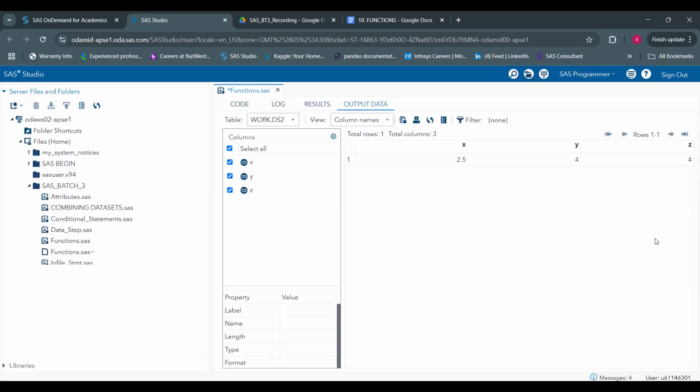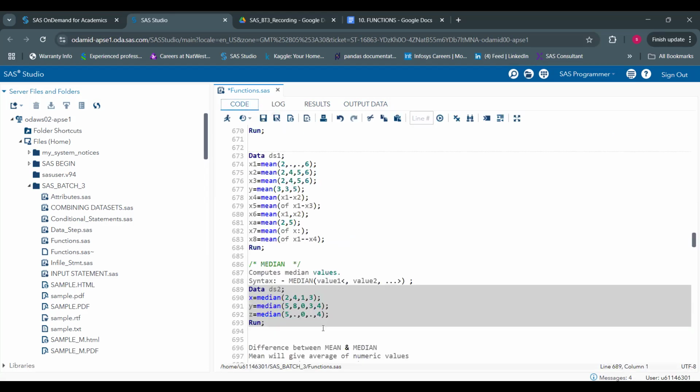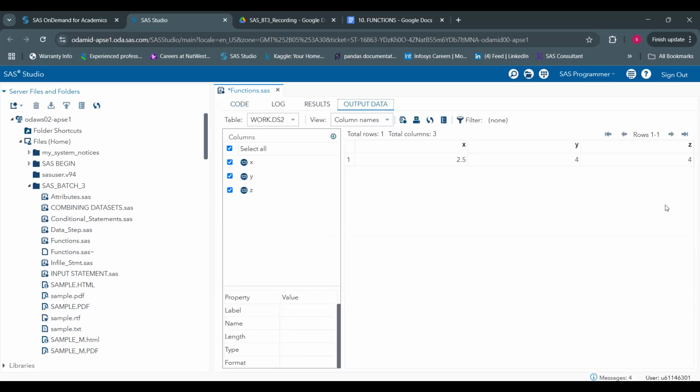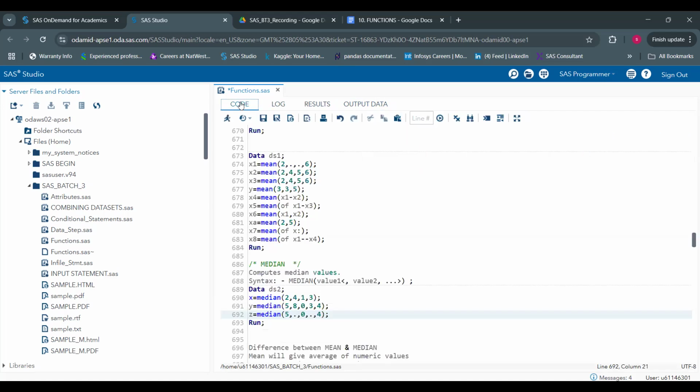You can see my screen, right? If you see here, 2.5 is the first one, 4 is the next one, and for the third one is 4. So these functions don't care about missing values. Missing values are ignored.